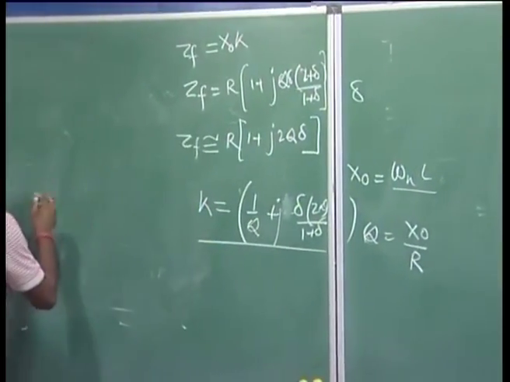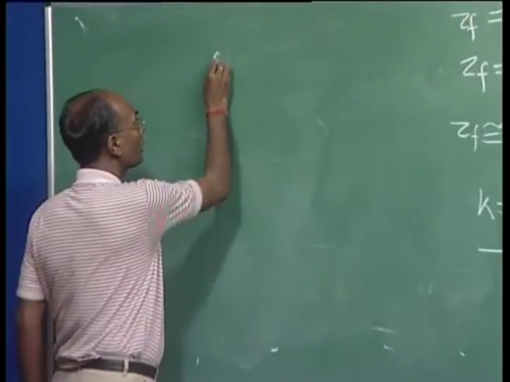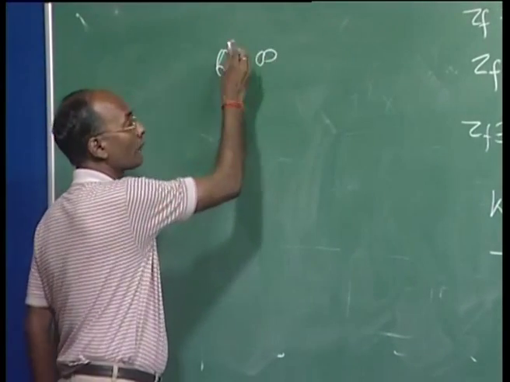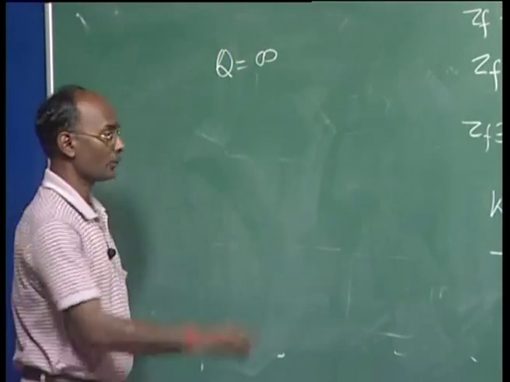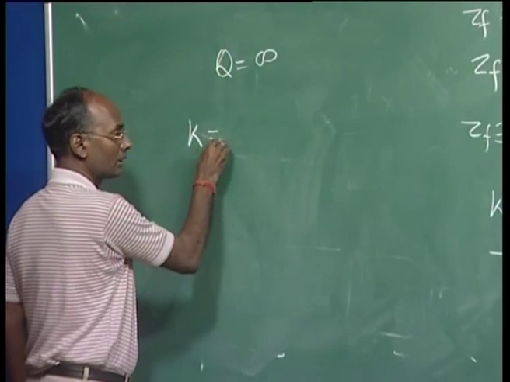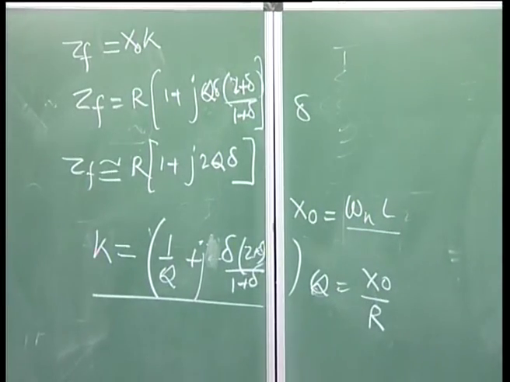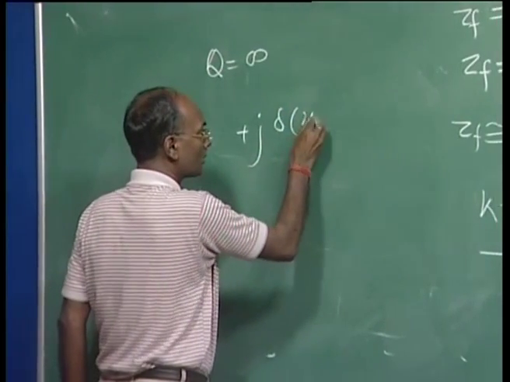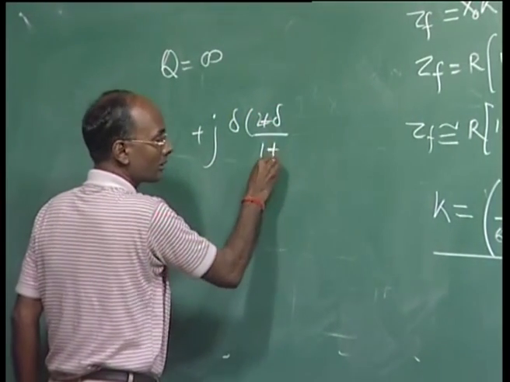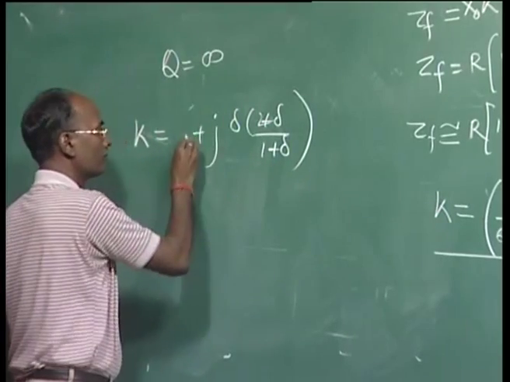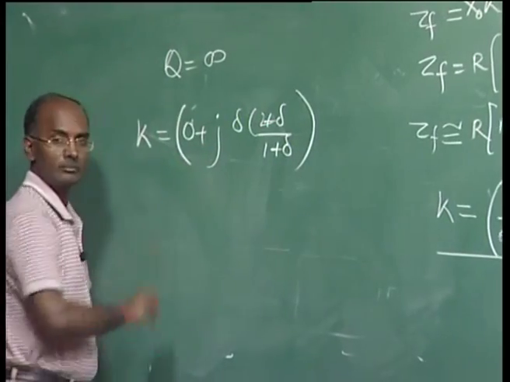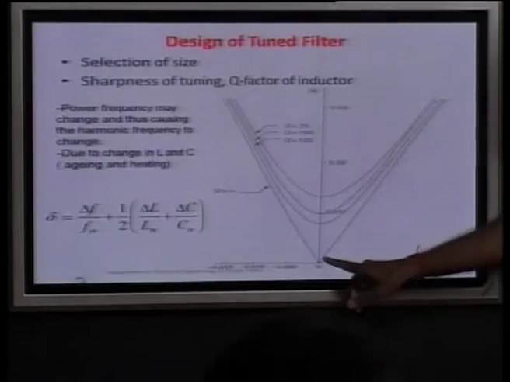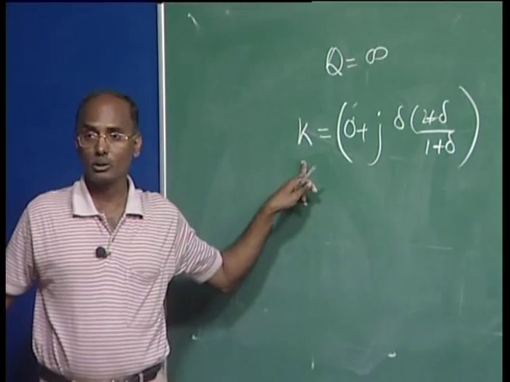Now you can see for the given value of your Q factor, if Q is infinite, we are going to get this k value as 0, and we are going to have j delta (2 + delta) by (1 + delta). And you can see from here, if the delta is 0 here, then k is going to be 0.